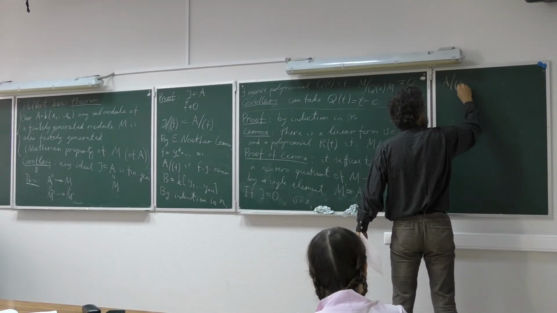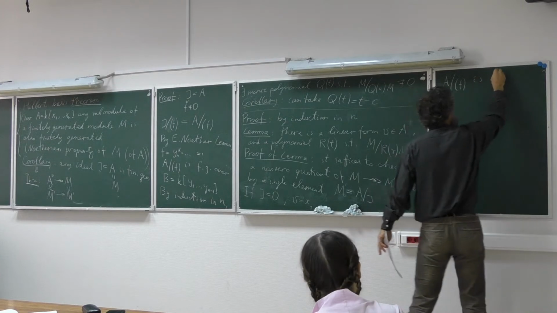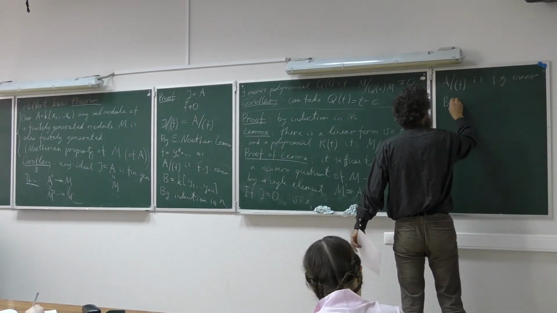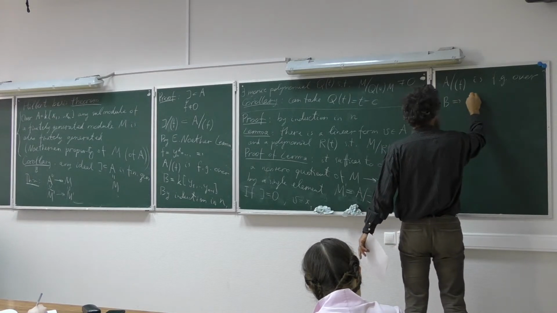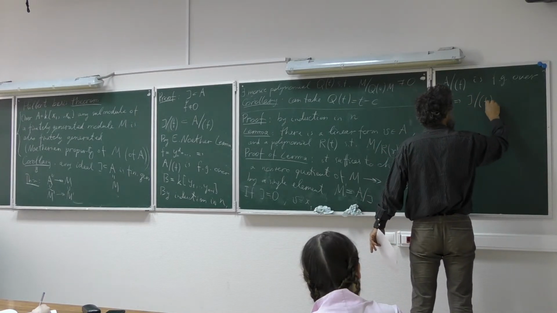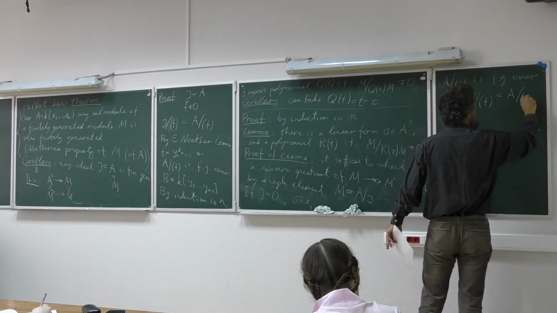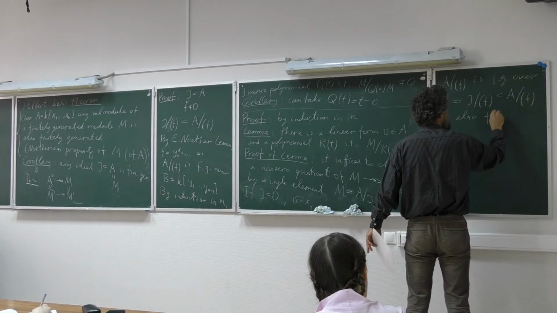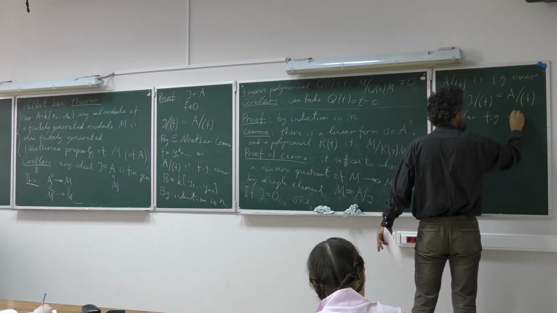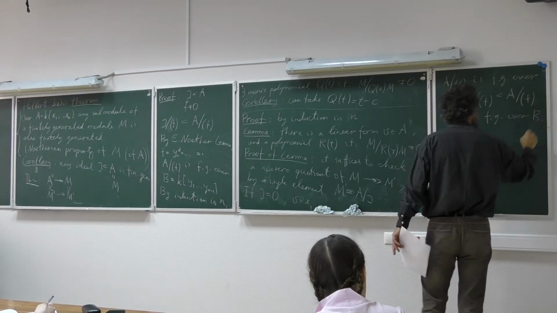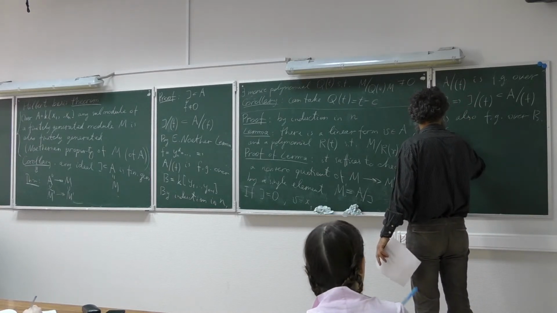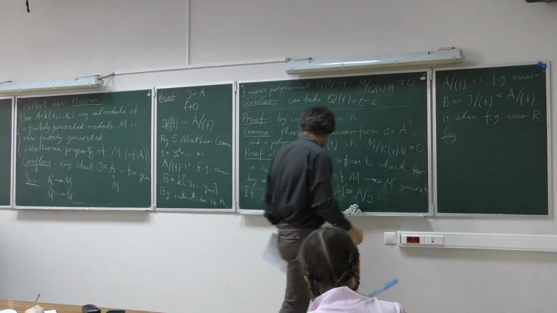So A modulo f is finitely generated over B, and hence J modulo f inside A modulo f is also finitely generated over B, by induction.